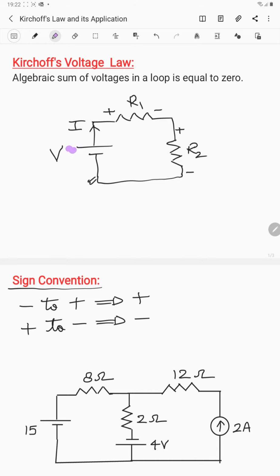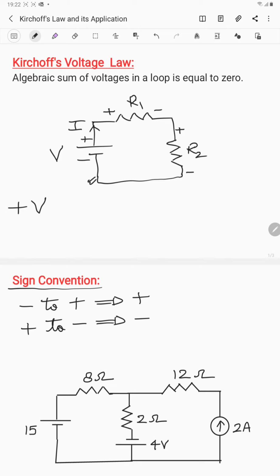So we have to write down the equation for it. On moving clockwise, we are moving from minus to plus side of the source. So moving from minus to plus, according to sign convention, the sign should be plus. What is the voltage across the voltage source? Obviously, it is V, as given in the question.